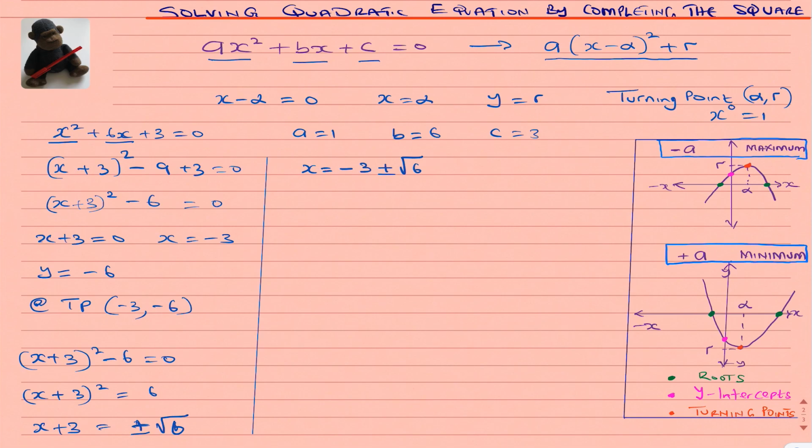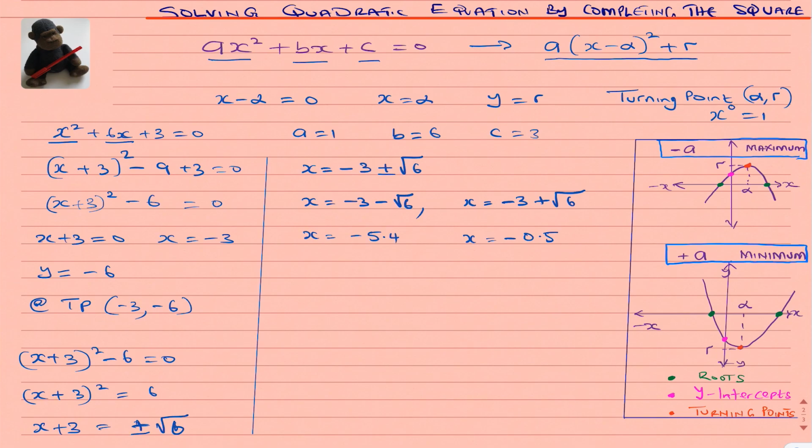So that means x equals minus 3 minus root 6 is one root, and x equals minus 3 plus root 6 is the other root. And if I'm writing this in decimal places, that will be x equals minus 5.4 and x equals minus 0.5.